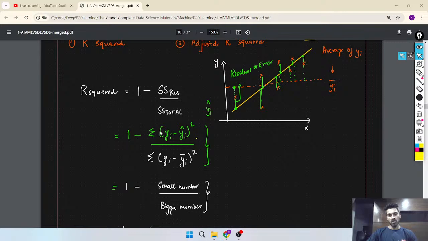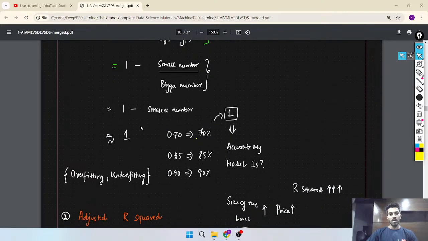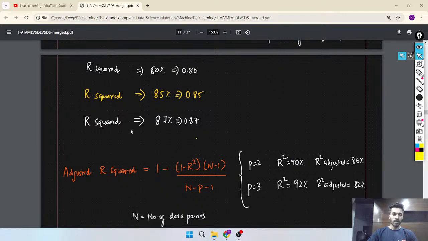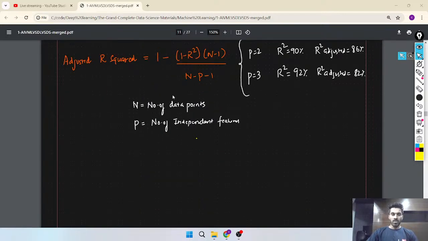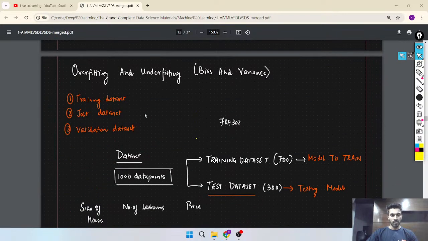Adjusted R square is the best metric that we use to measure the performance of our model, and this is the formula. Because if the number of variables is increasing, then your model will show a good accuracy.